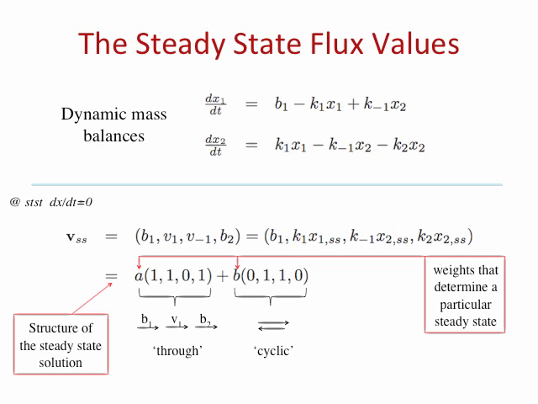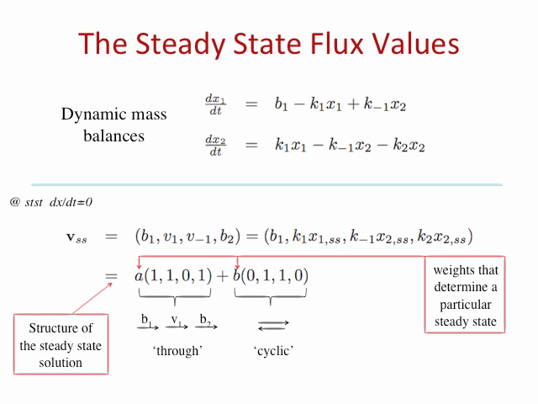Based on that, I can calculate the steady state. I will begin with the flux vector. The flux vector in a steady state can be evaluated by simply substituting the steady state concentrations into the elementary rate laws and populating that vector. I will solve for x1 and x2 steady state on the next slide.